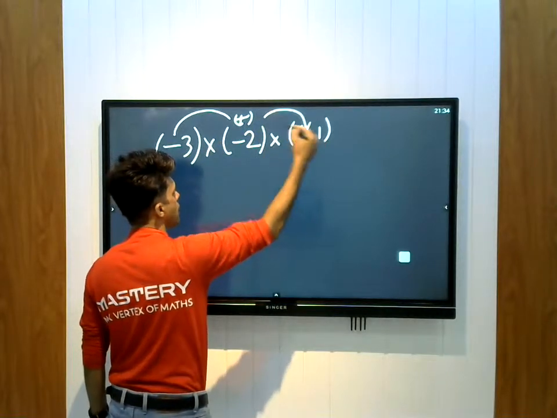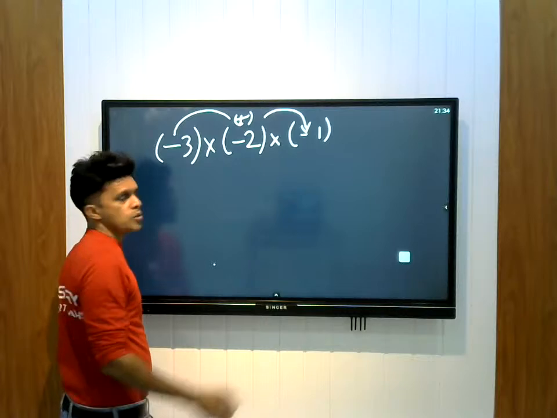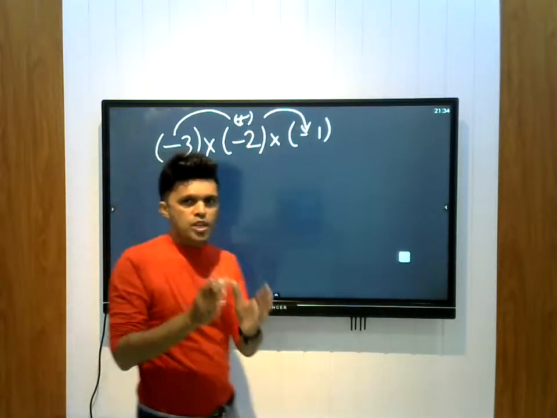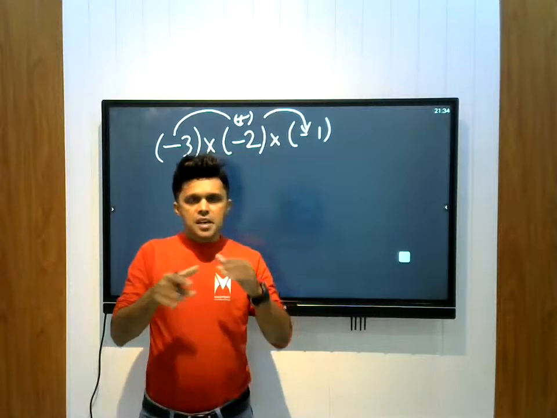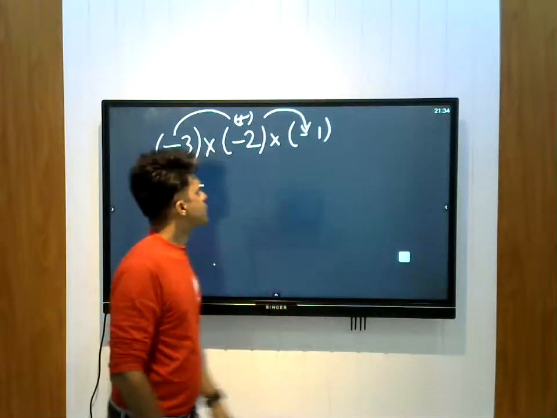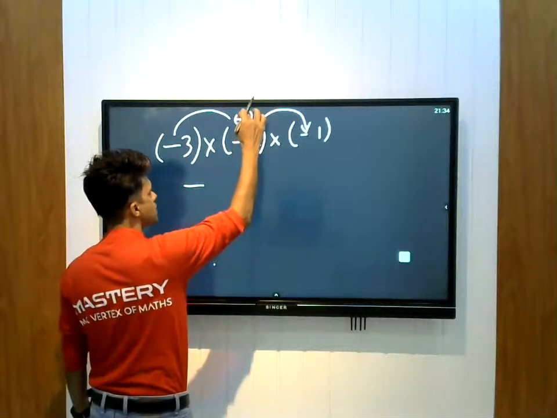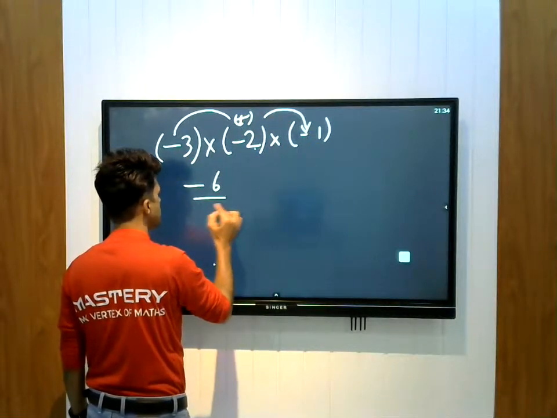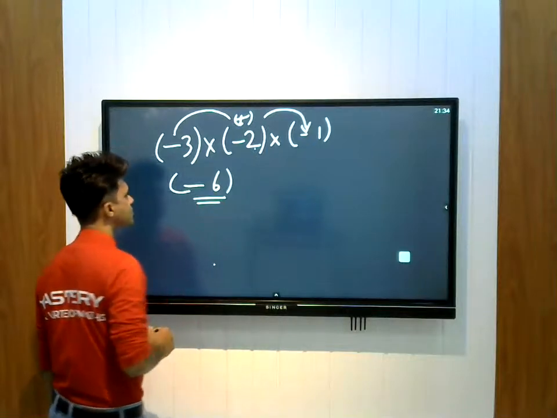This plus and this minus can be multiplied. So here plus into minus is minus. First of all, you need to find the sign here, which is positive or negative. So minus into minus plus, plus into minus minus. 3 times 2, 6, 6 into 1, 6. The answer is minus 6.